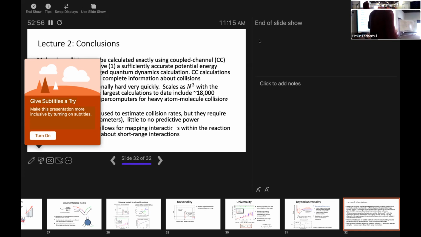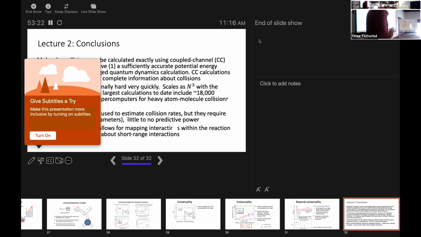Alternatively, you can use universal models, but then there's no predictive power. If it works for your experiment, perfect, great. But I'm not sure what you're learning with these universal models. So that's why CC calculations, and I'm an advocate of CC calculations, are still not out of business. There will hopefully be more of them, and they will be thriving.